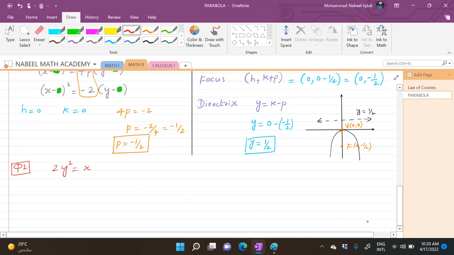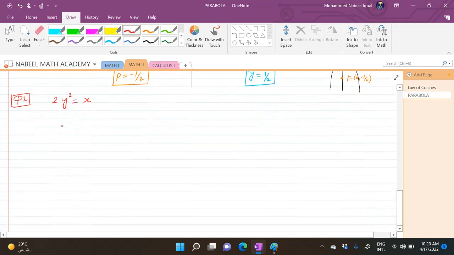So I have to write it in the standard form. y square equals x over 2. How will you write this in the standard form? I can write it as y minus 0 whole square equals 1 over 2 times x minus 0.